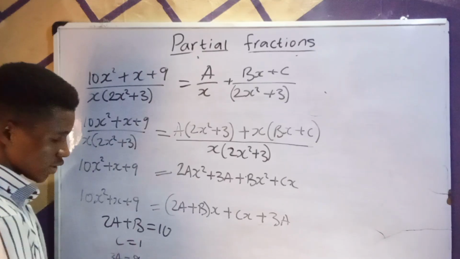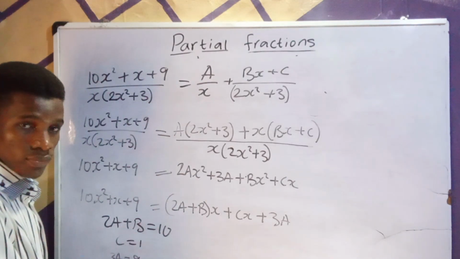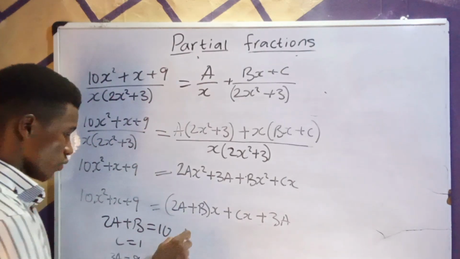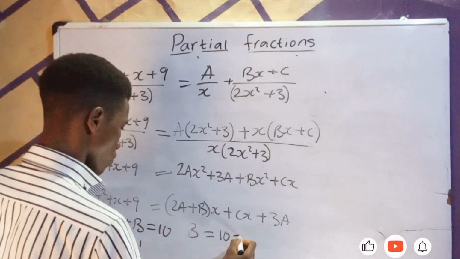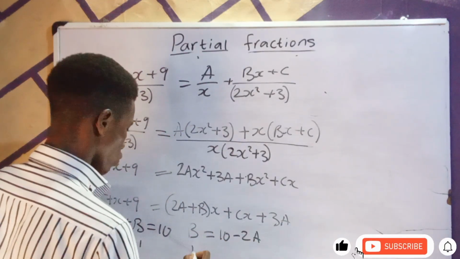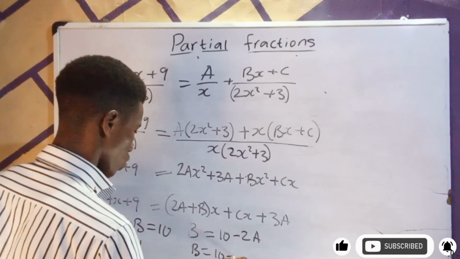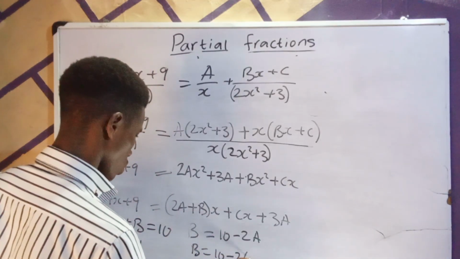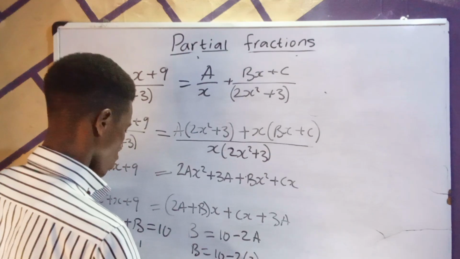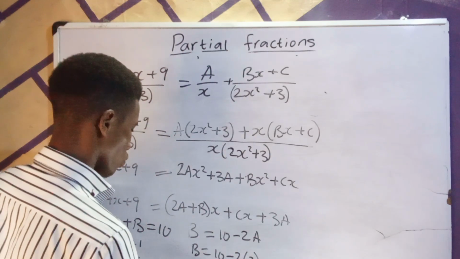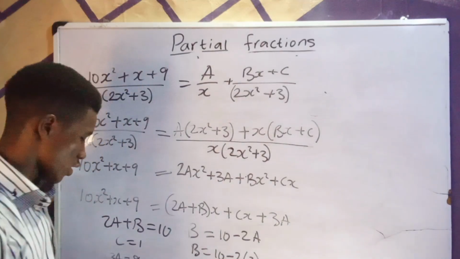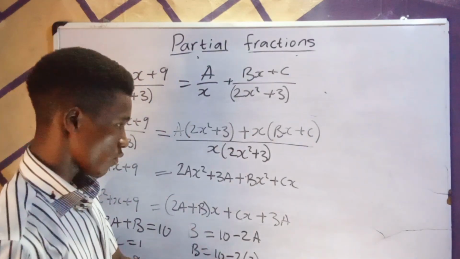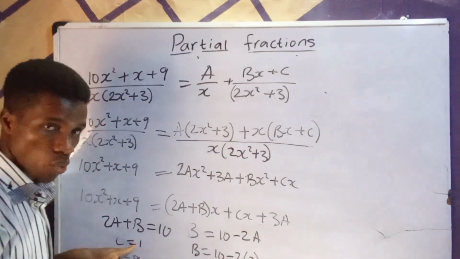Right, so we are left with getting the value of B. Since I've gotten A as 3, you can easily substitute here, because B is equal to 10 minus 2A. So B equals 10 minus 2 into 3, so B equals 10 minus 6, which is equal to 4. So I have the value of A as 3, the value of B as 4, and the value of C as 1.